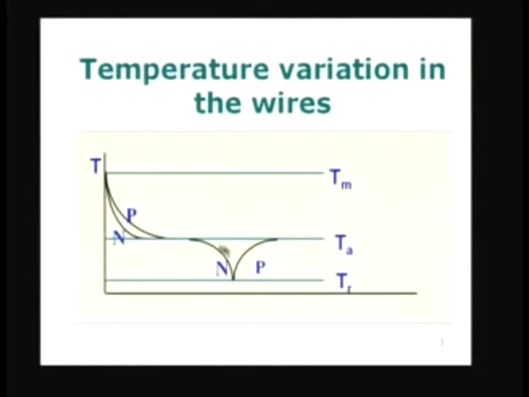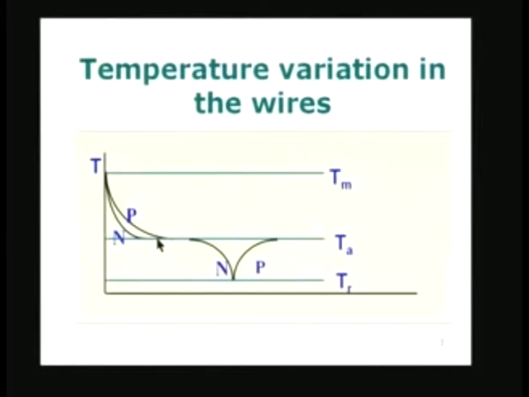Therefore, we can see that the thermoelectric phenomena which is taking place is limited to a small region close to the reference junction, and another small region close to the hot junction. This is very important, because we are going to now propose using a different way of connection.